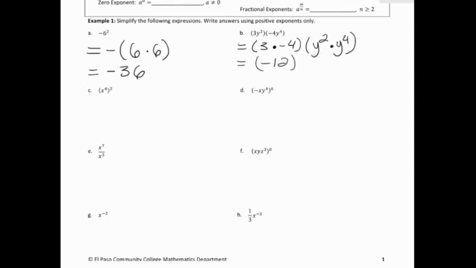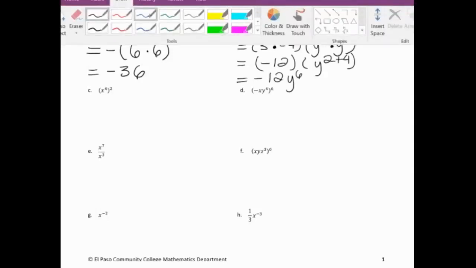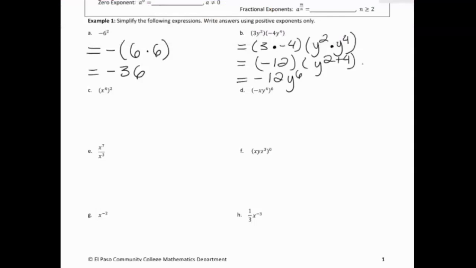And right here, for y squared times y to the 4th power, we're going to use the product rule. That means my exponents are going to add each other. So 2 plus 4. And that's going to give me negative 12 times y to the 6th power. Again, over here, you're going to use the product rule.